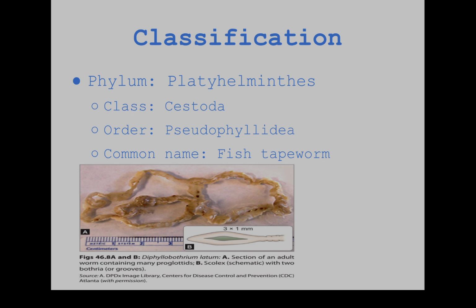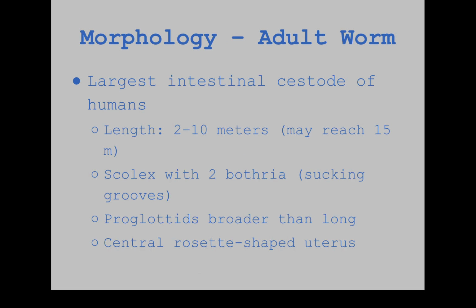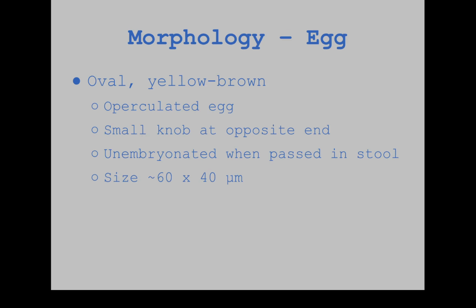In this image you can see the scolex with 2 bothria. It has proglottids broader than long, meaning the breadth of the proglottid is more than its length, and has a central rosette shaped uterus.